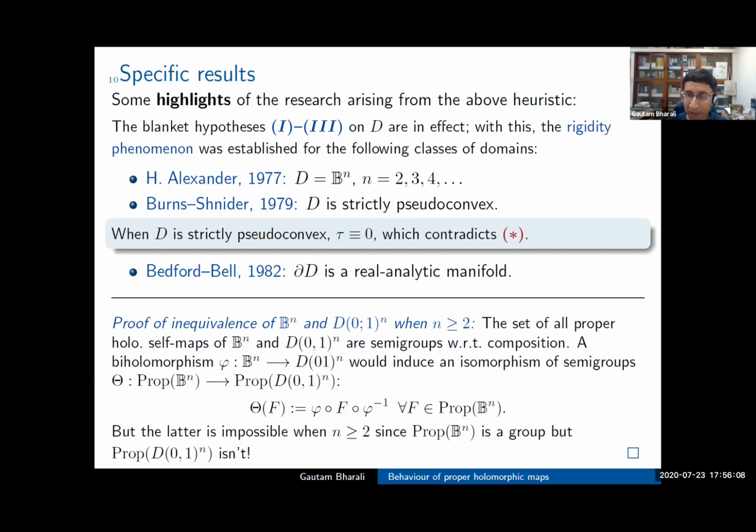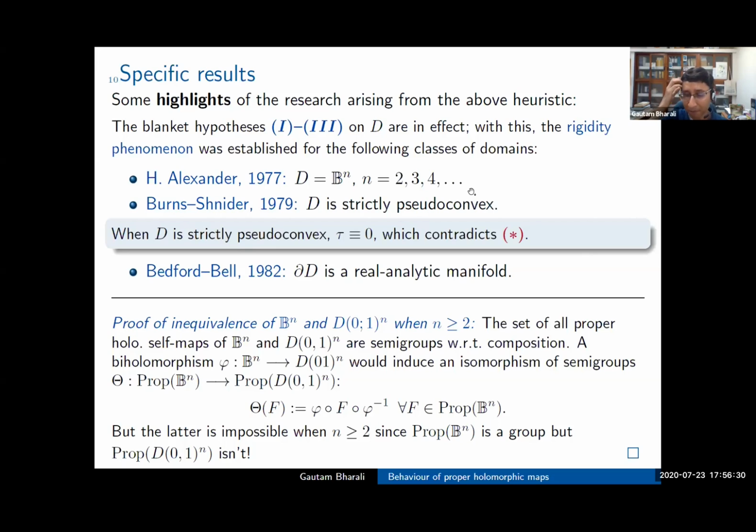And in general, this semigroup has a lot of maps that are non-invertible, whereas the semigroup of proper holomorphic maps of the ball, by Alexander's theorem, in fact has the structure of a group. So they cannot be isomorphic, hence a contradiction.